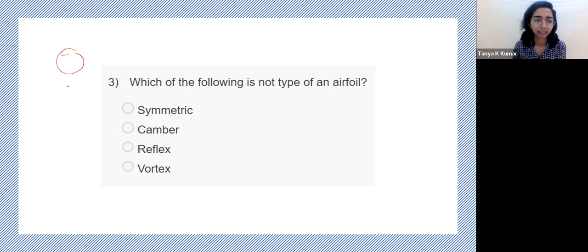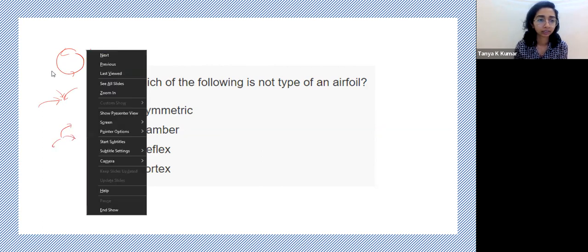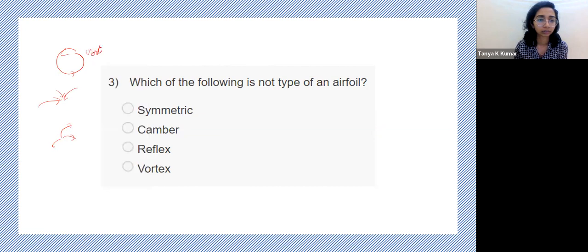Vortex is something that swirls around, like he said. Sink is where everything flows into a point, and source is where everything emanates from a point. They are just different types of flows. They are not types of airfoil.